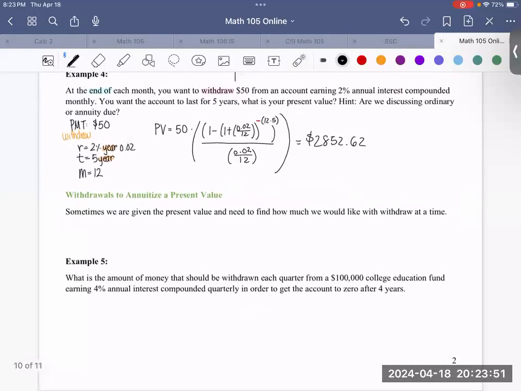Now we can also go in the reverse. So sorry, we have your present value. We want to know, well, how much can we withdraw until there's perhaps nothing left, right?